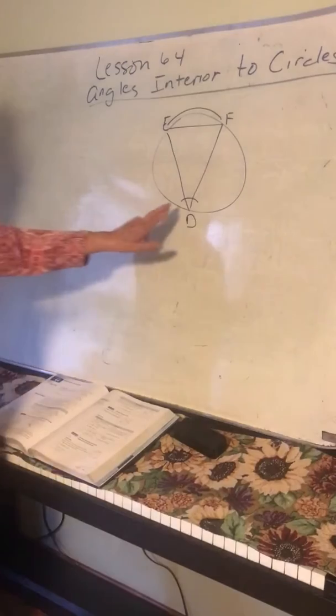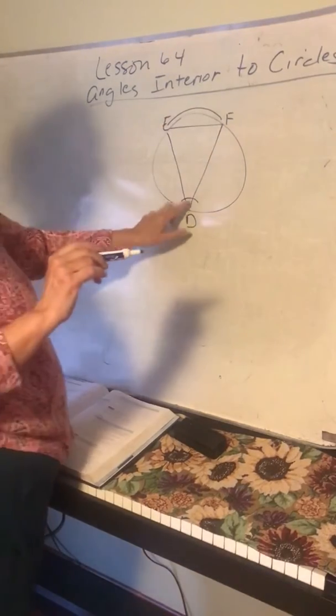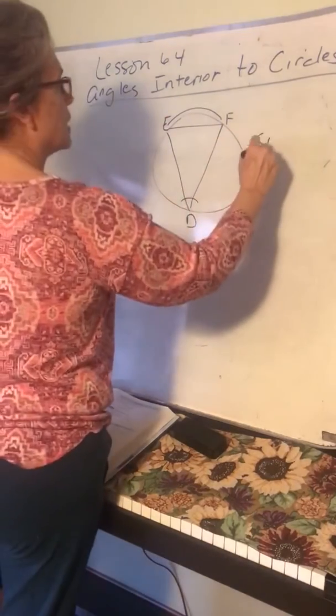So wherever the angle is, you go to find the arc: you go the opposite, right across from it, to find the arc. And that is called subtended.